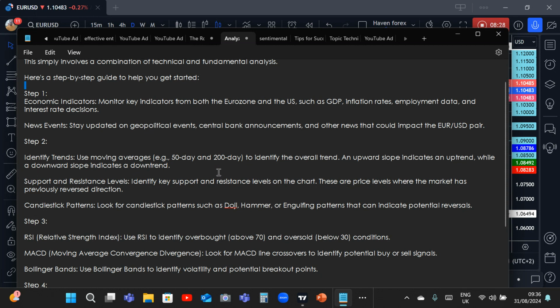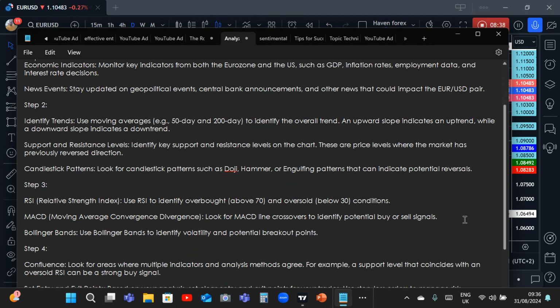Then, apart from that one, you use support and resistance level. All right. By now, I believe we are conversant with that word support and resistance level.